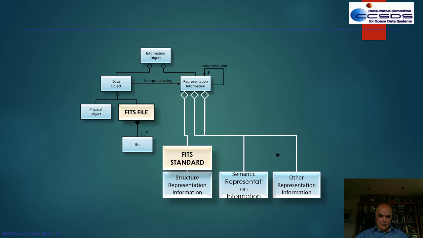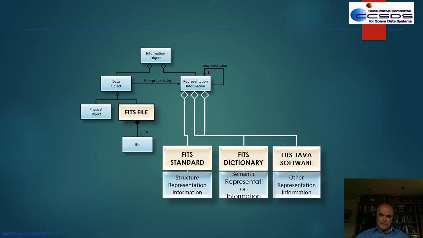So structure, perhaps a PDF, describes the FITS standard, which defines the format. A dictionary may be encoded in XML, explaining the semantics of the header keywords, and some software to display and manipulate the FITS file.